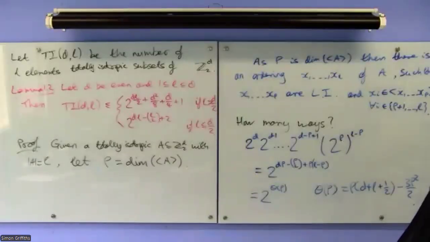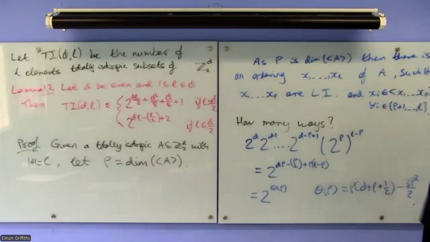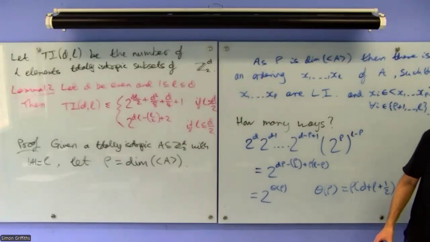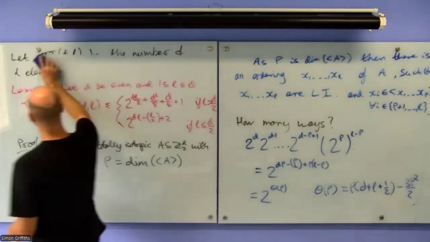So now that we're armed with all these lovely estimates, we are ready to speak of the bound of Conlon and Fox. So maybe I'll go back over here and we can put it up.